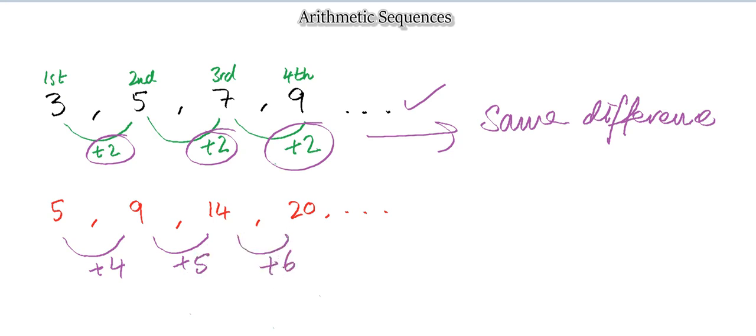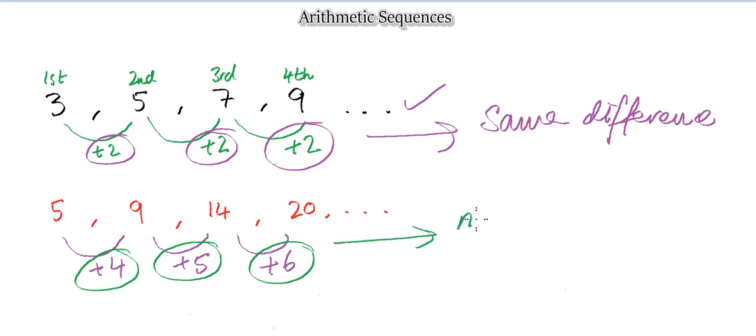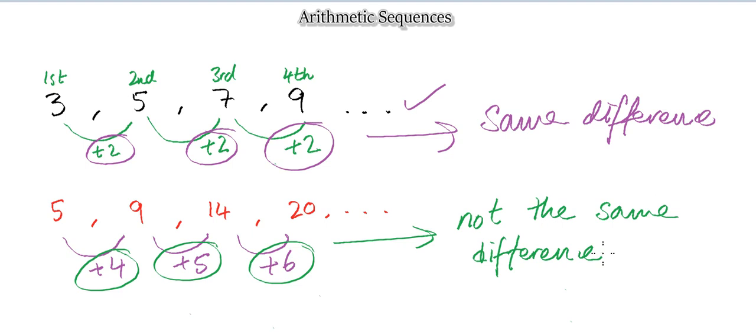Now, if we see for ourselves, the difference between each term is changing. So that's plus 4, then plus 5, then plus 6. So the difference between the two consecutive terms is not the same. So this is not an arithmetic sequence.